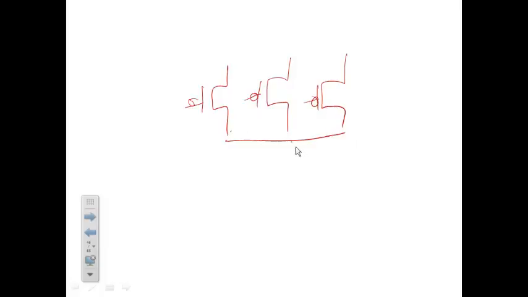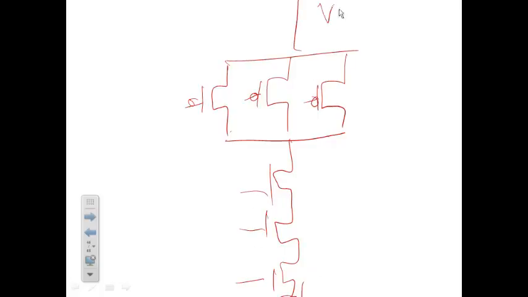If I ask you to calculate the logical effort of a 3 input NAND, how will you do it? I would have 3 NMOS devices in series. What would be the size? I will have 3, 3 and 3, and here it would be 1.